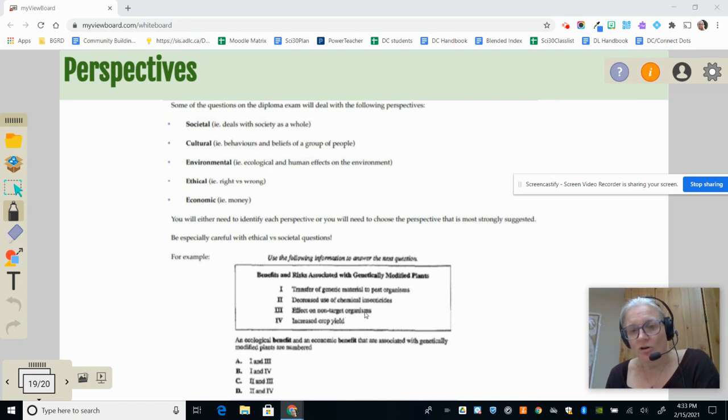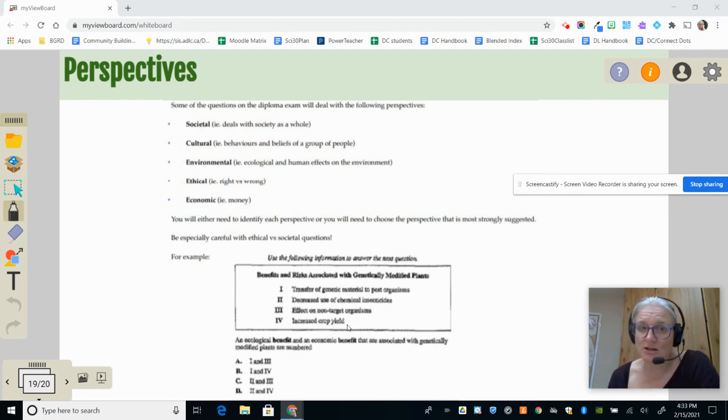Effect on non-target organisms. So these are those unknown consequences. So this could be an environmental one as well. Increased crop yield. Definitely, when we're talking about crop yields, we're talking about economic, money. You know, you grow more, you make more.